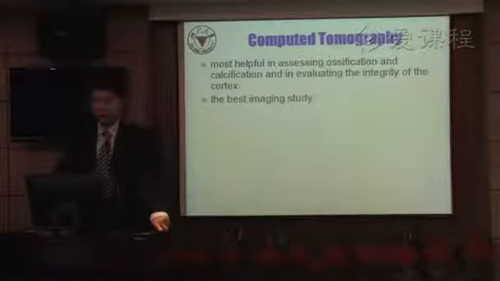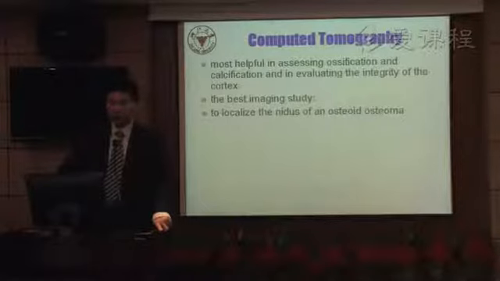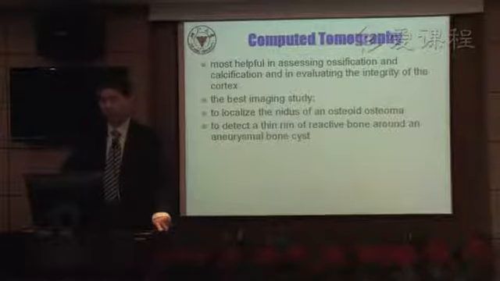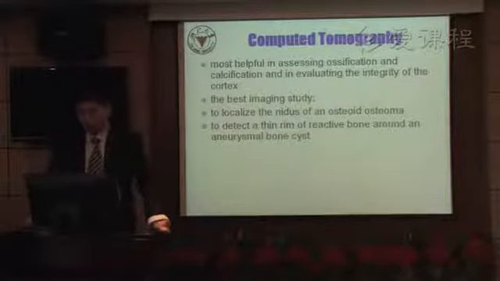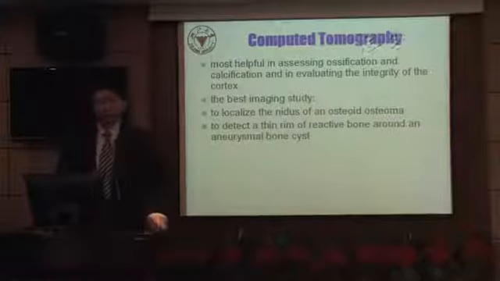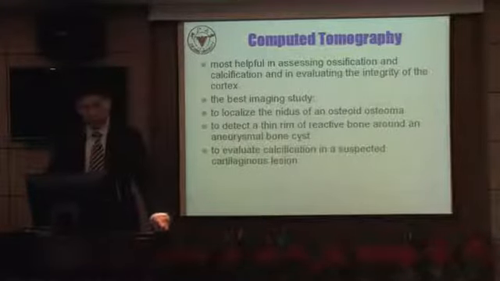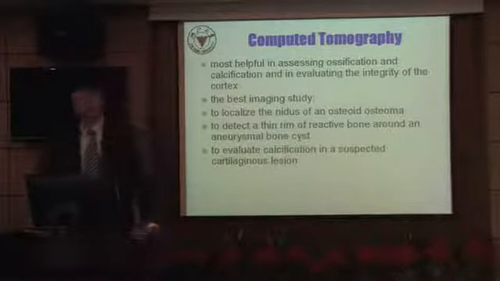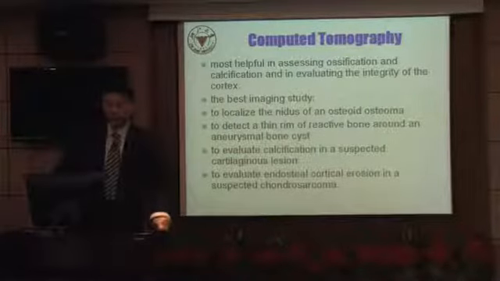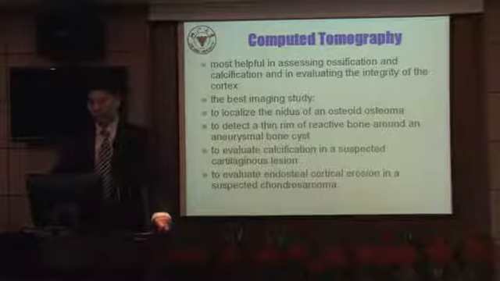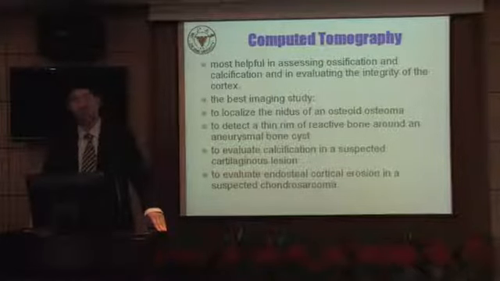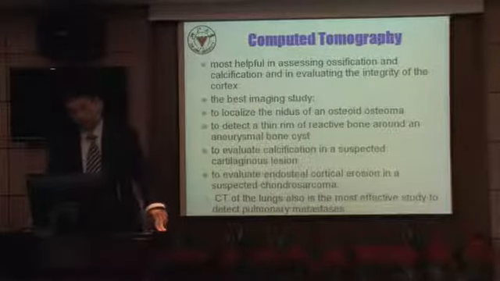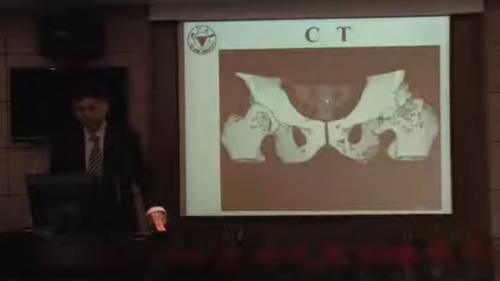The best imaging study should be considered to localize the nidus of an osteoid osteoma, to detect a thin rim of reactive bone around an aneurysmal bone cyst, to evaluate the calcification in a suspected cartilaginous lesion, and to evaluate endosteal cortical erosion in a suspected chondrosarcoma. So we know the CT of the lung is also the most effective study to detect pulmonary metastasis.